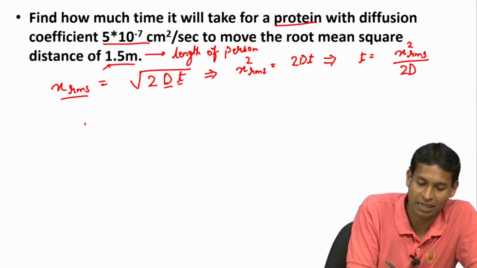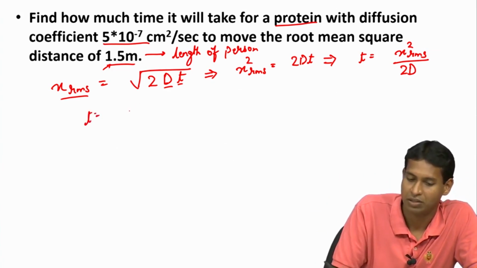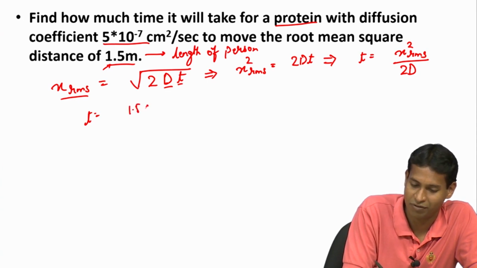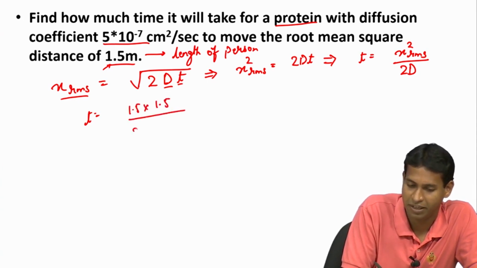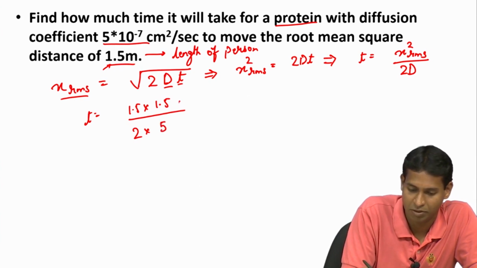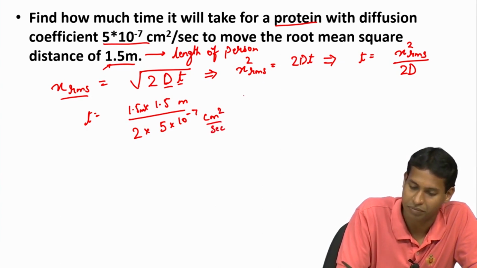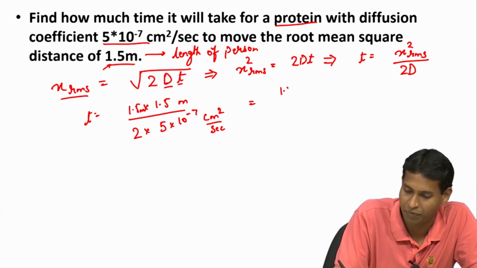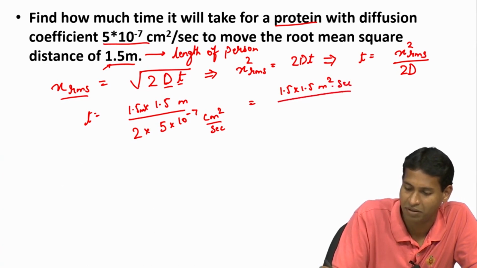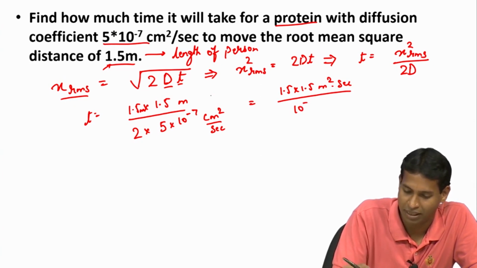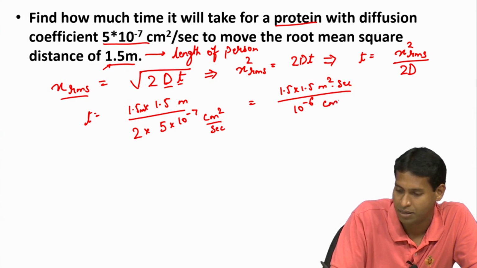So now if I solve this, we will get t is equal to x square, which is 1.5 divided by 2, and this is obviously meter and meter, divided by 2 multiplied by 5 × 10 to the power minus 7 centimeter square by second. So this will then become 1.5 multiplied by 1.5 meter square second divided by 10 to the power minus 6, so 2 times 5 is 10 and 1 subtracted, centimeter square.